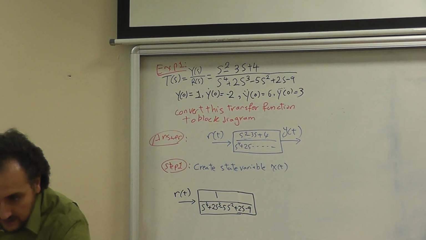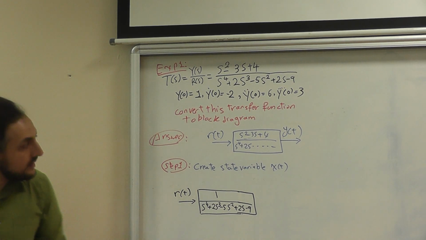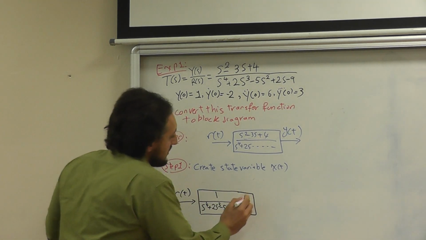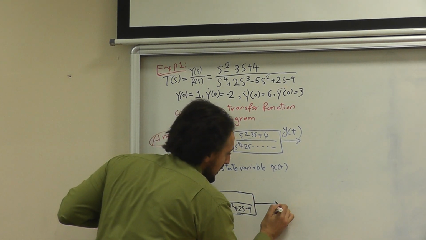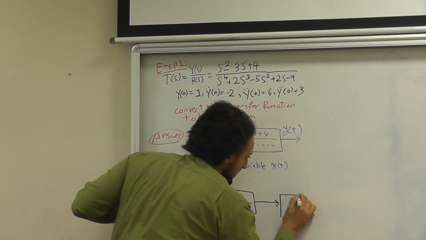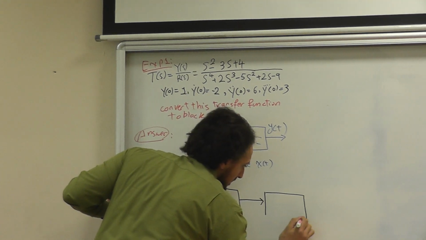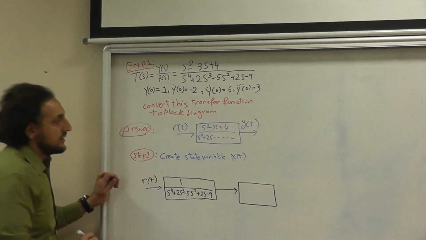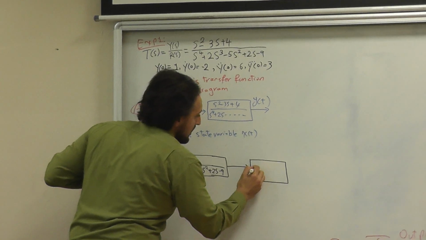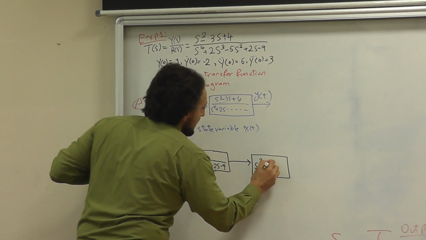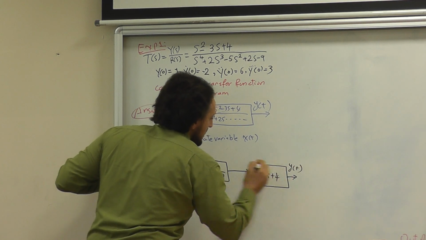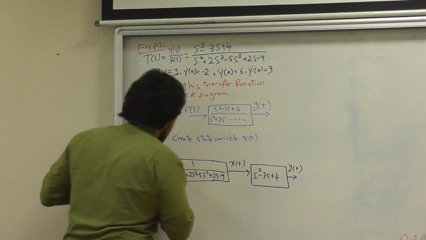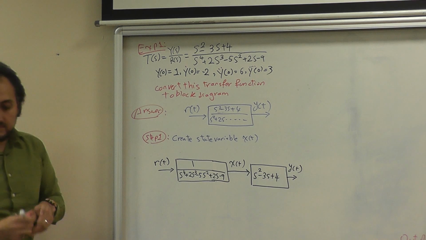You can see. So I mean here, what I have here, s squared minus 3s plus, so this yt, xt and rt.